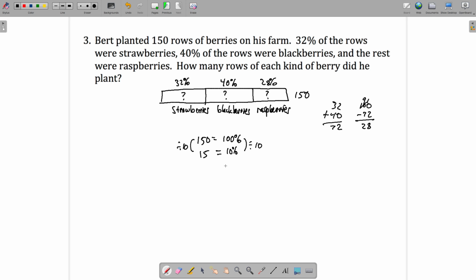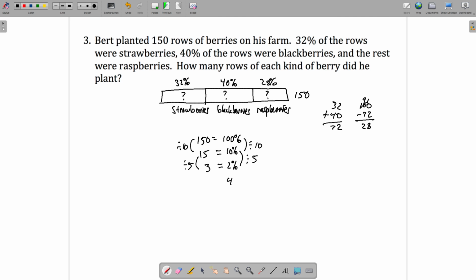Now I notice that I'm also interested in finding 32% and 28%. So if I knew what 2% was, that would help me in figuring those others out. So I'm going to divide by 5 and divide this by 5. And that tells me that 2% is equal to 3.